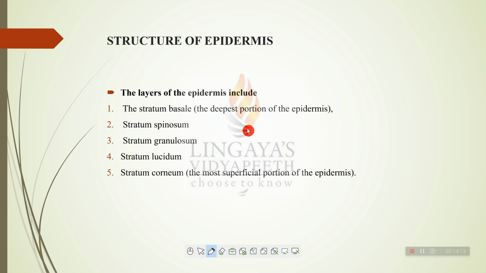Then is the stratum spinosum. After stratum spinosum, there is stratum granulosum. Then the next one is the stratum lucidum. These 4 layers are present in the thin skin, whereas the last one, the superficial one, is present in the thick skin.